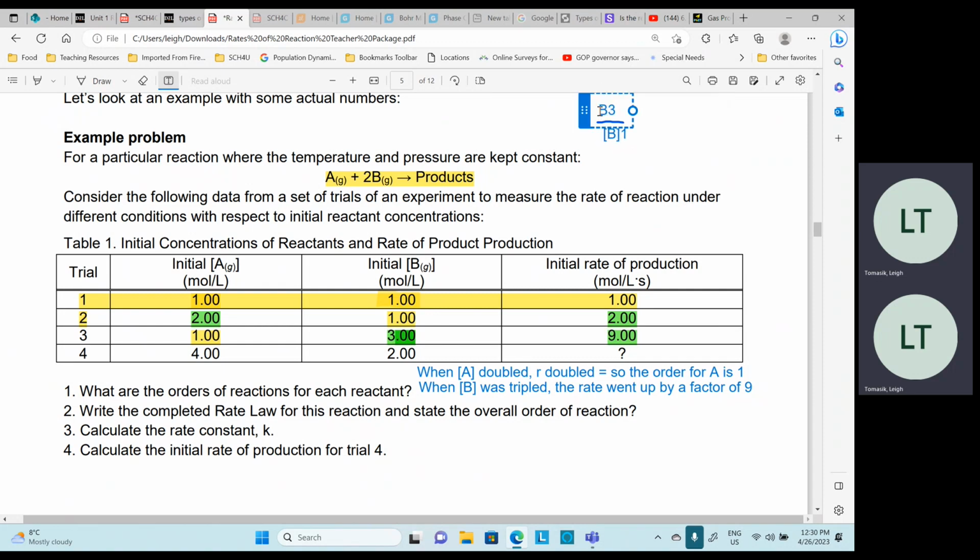So the concentration from trial 3 and the concentration from trial 1, how does that relate to the rate of trial 3 divided by the rate of trial 1?